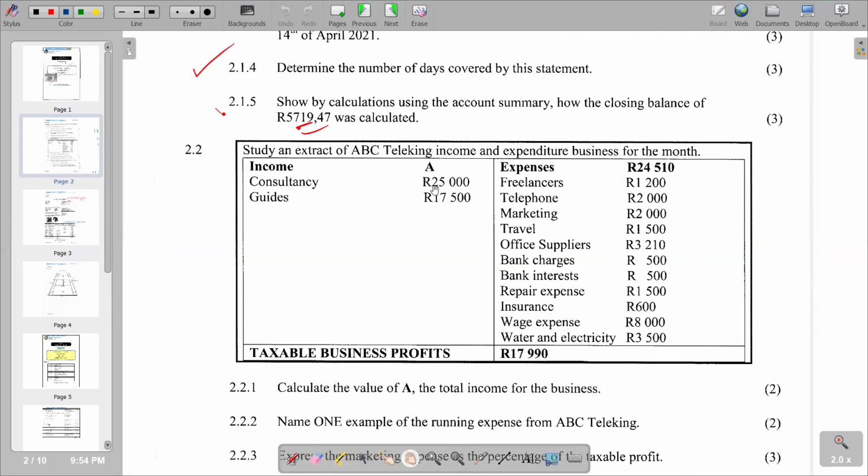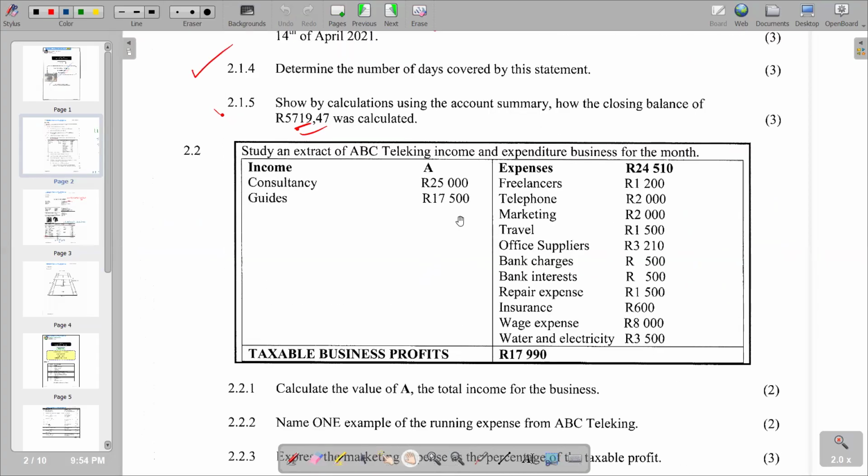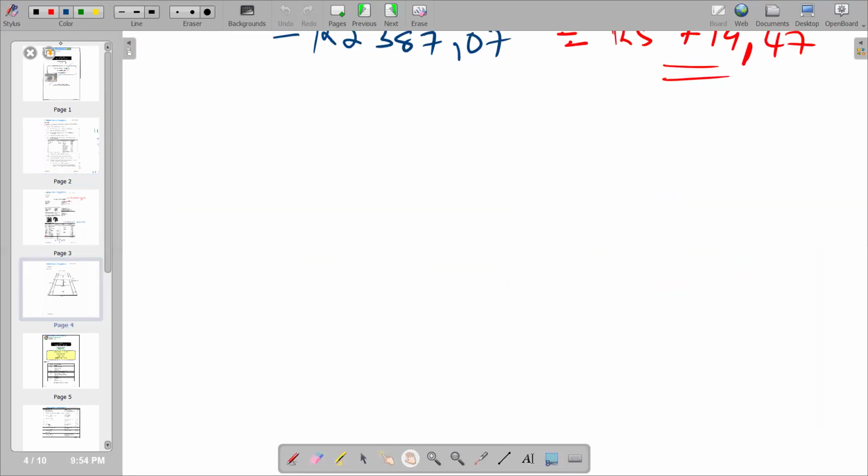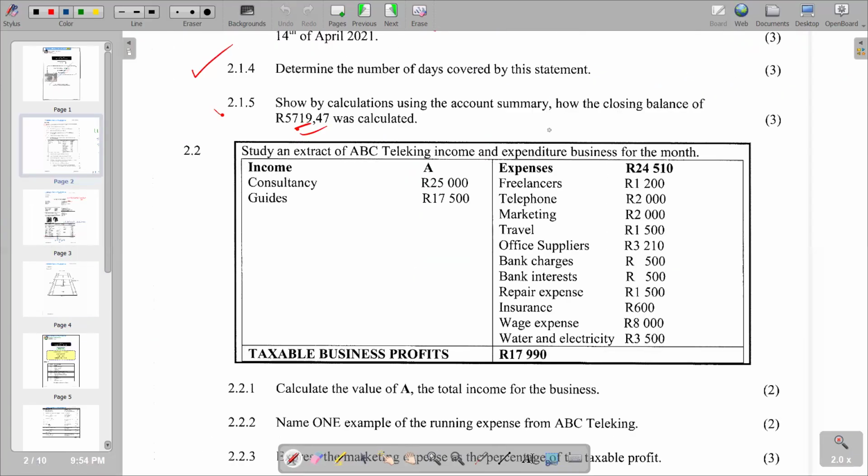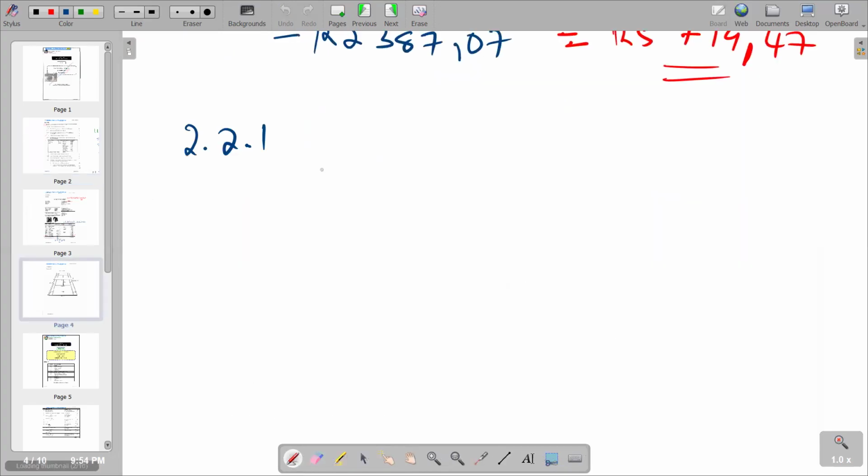So our value of A, we are having here, which was going to say 25,000 plus 17,500. So on 2.2.1, we are saying 25,000 plus 17,500.